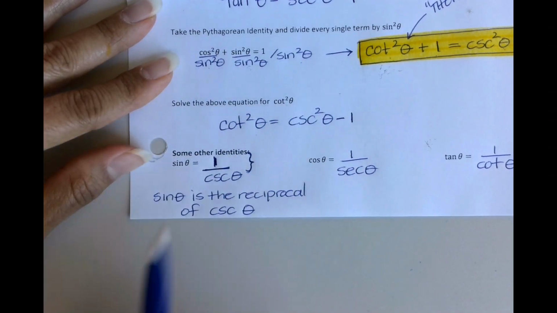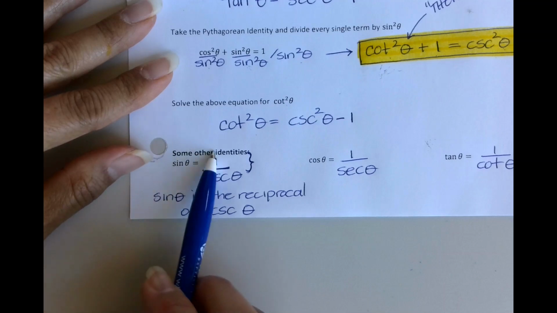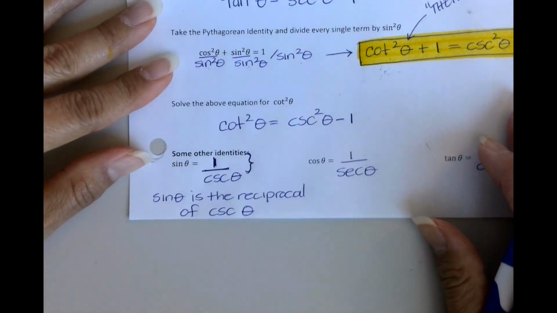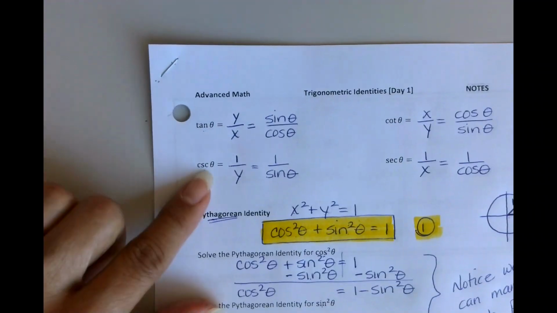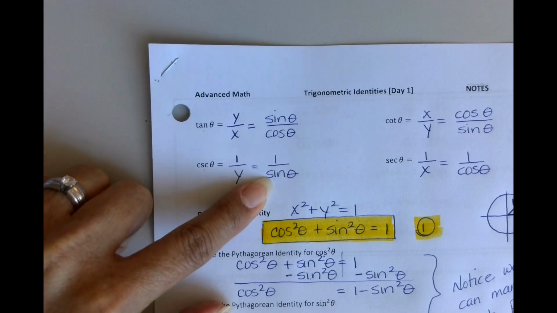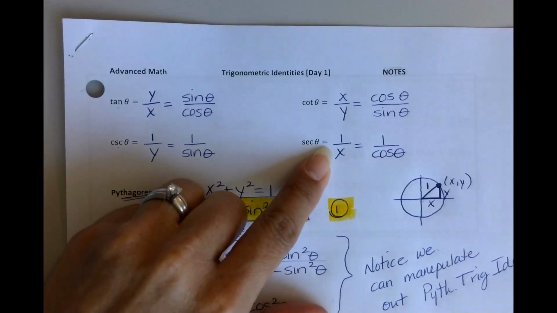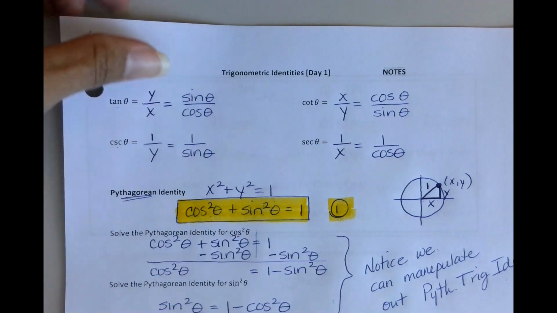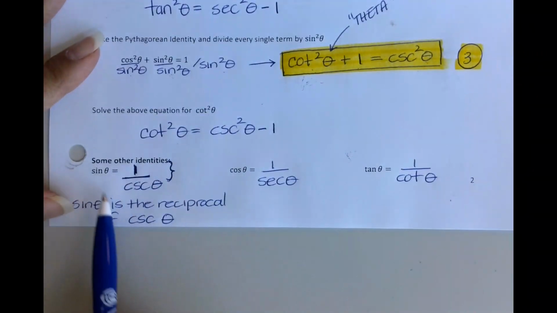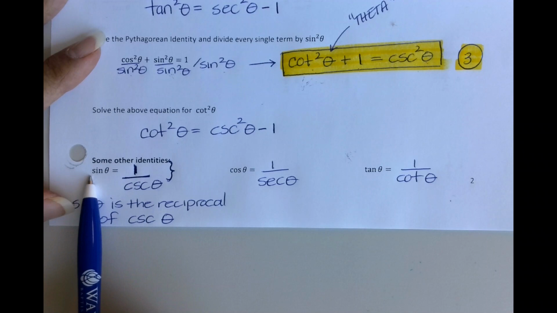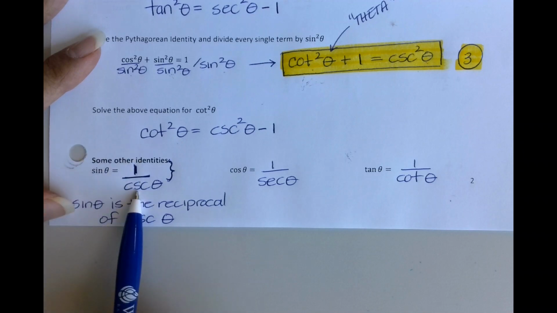Okay, so sine is the reciprocal of cosecant theta, and if I read this one up here, cosecant is the reciprocal of sine theta. Secant is the reciprocal of cosine theta. So they are interchangeable is what I'm saying. So please note, if I write sine is 1 over cosecant, I can also say cosecant is 1 over sine. That's what I'm trying to get at.